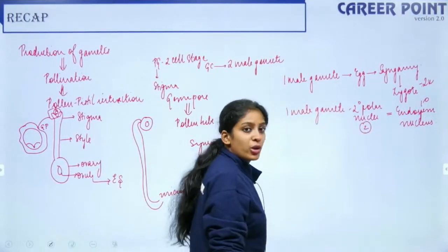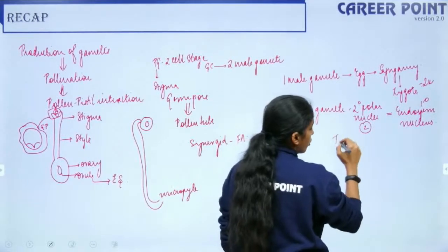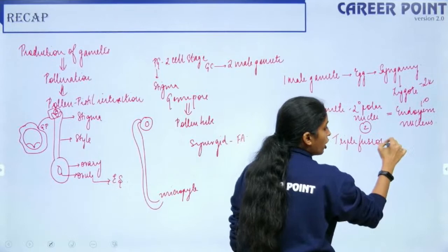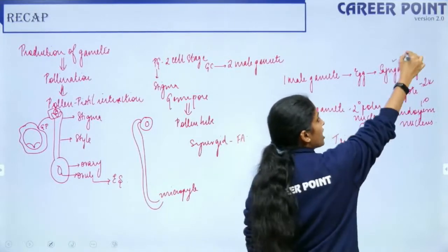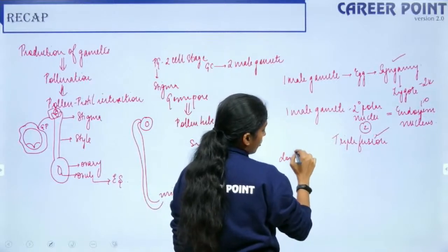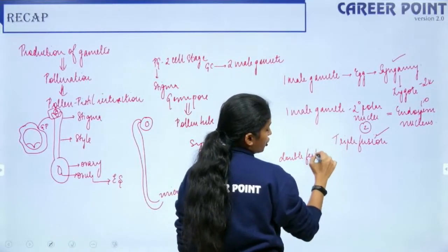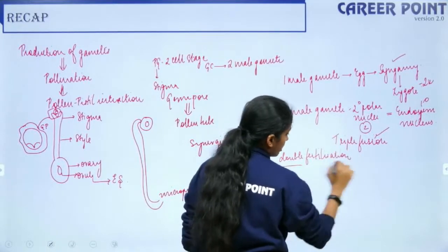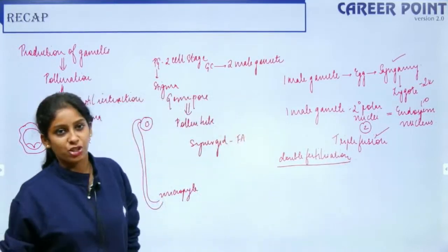Since you have 3 nuclei fusing, this is known as triple fusion. And since overall you are having 2 fusions, one is syngamy, one is triple fusion, this process is known as double fertilization.